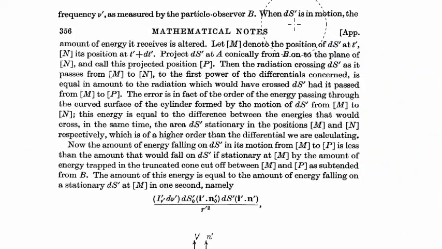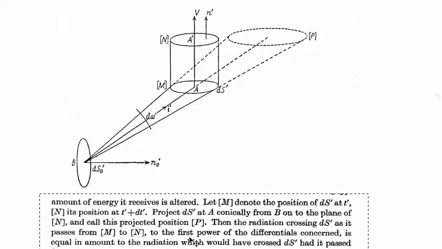Okay, when the telescope aperture ds prime is in motion, the amount of energy it receives is altered. It says let m denote the position of ds prime of the telescope aperture at t prime, and n represent the position of the telescope aperture just a little bit later, at t prime plus dt prime.